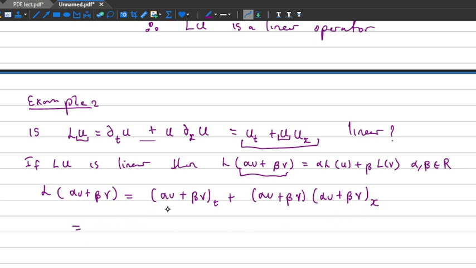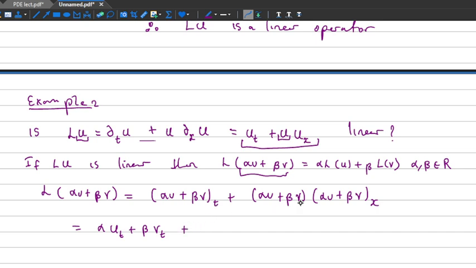Okay, so we see that we can distribute the t inside, right? So it will be alpha u_t plus beta v_t. And we're distributing the t inside because we don't have any products. Alpha is a constant, so it's just the derivative of u. Same applies to v here.